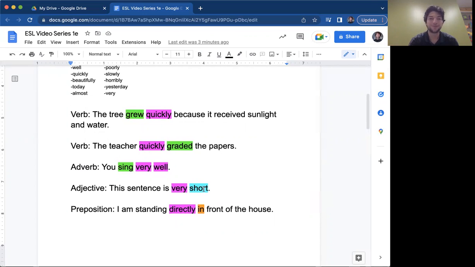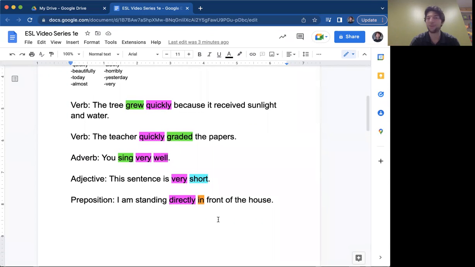Okay, there we go. So anyways, our sentence, you sing very well. Sing is the verb, which is modified by the adverb well, but then well is the adverb that is modified by the other adverb very. So very actually is an adverb that expresses degree.